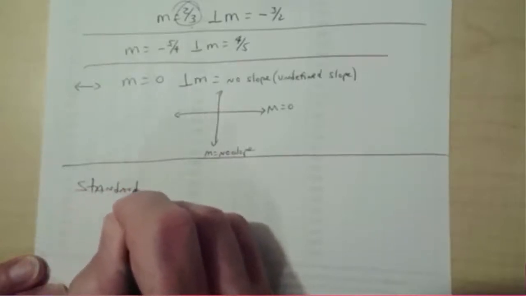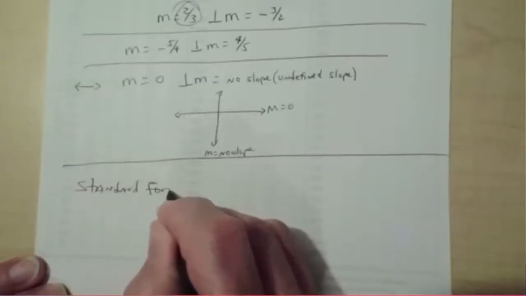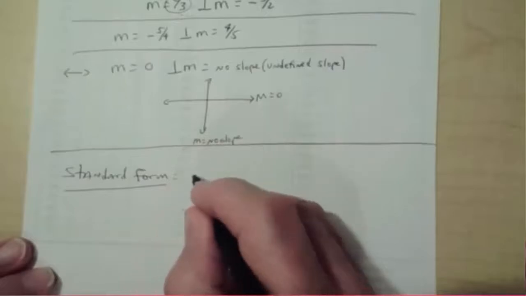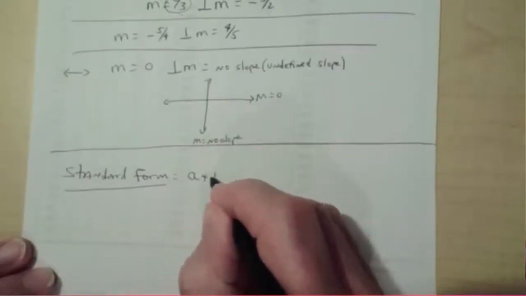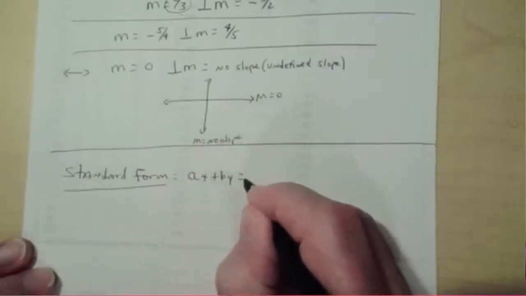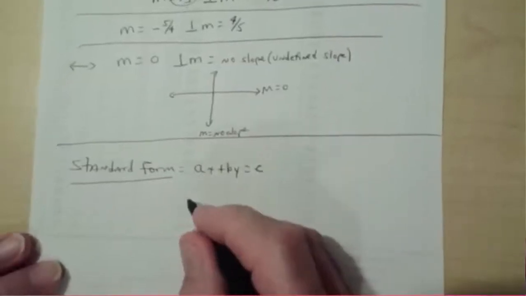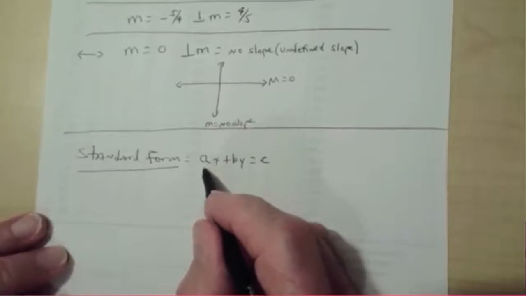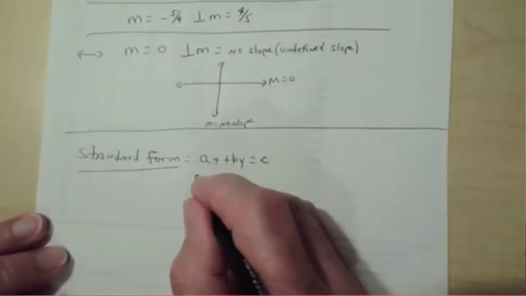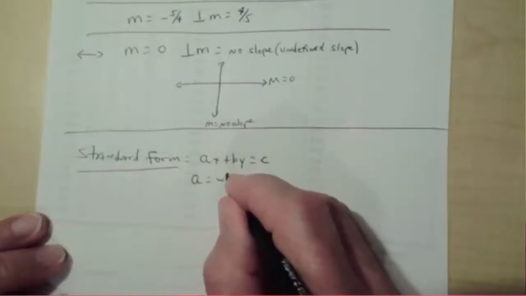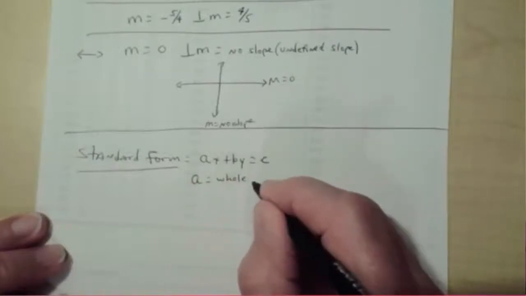Standard form is Ax plus By equals C, where A must be a whole number and greater than 0.